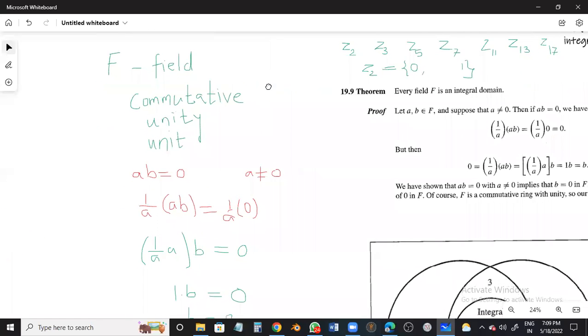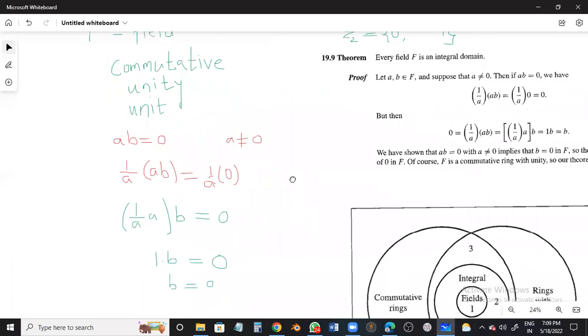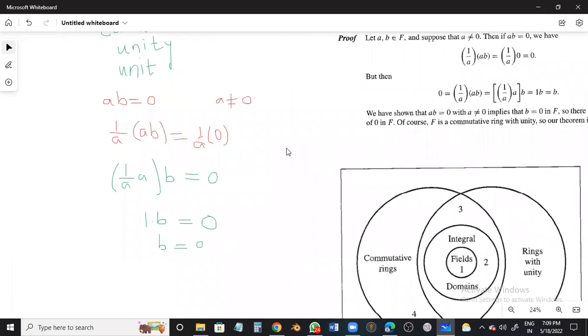And now what we want to show is that it is an integral domain. We take the help of the fact that whenever a ring has no zero divisors, in that case cancellation laws hold. This is the fact we saw yesterday.